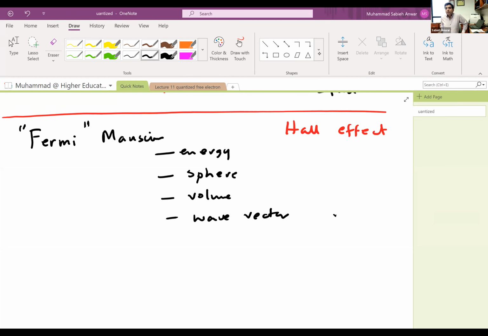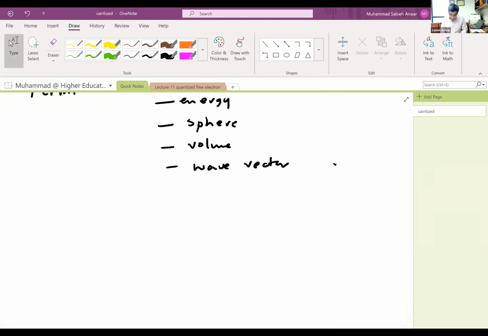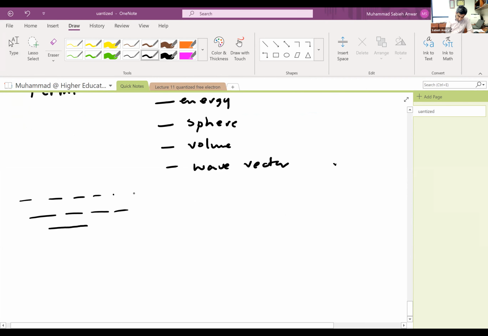All right, so now we have these. Let me arbitrarily draw these levels corresponding to various values of K on an energy diagram.